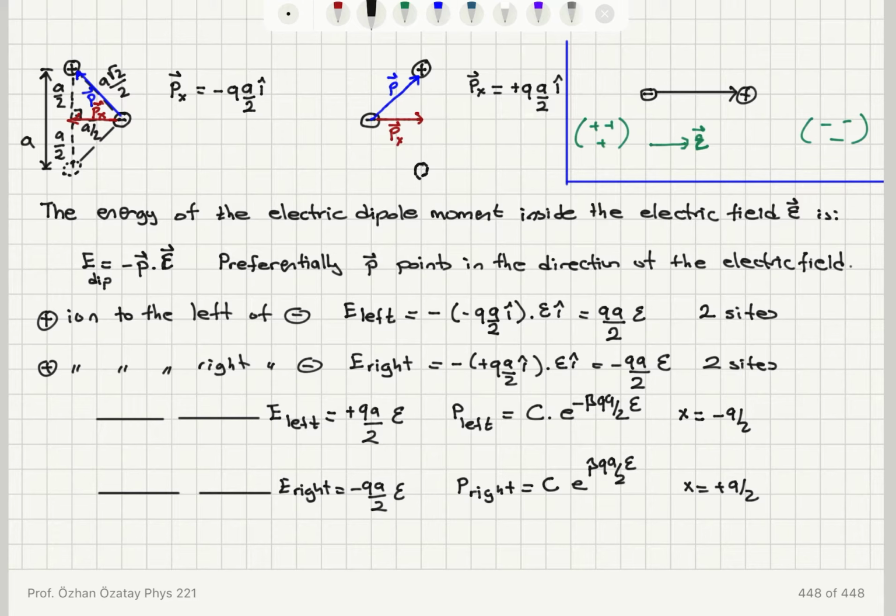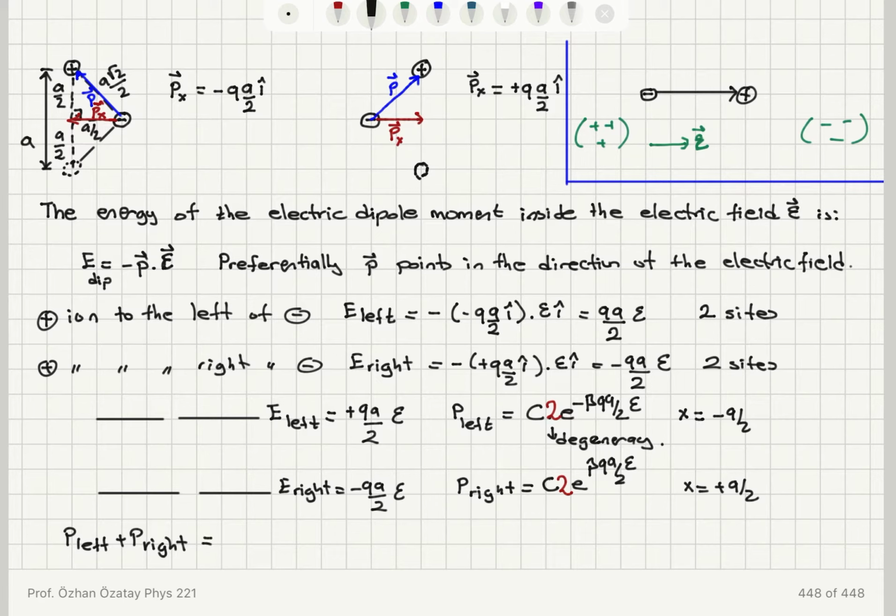Now these two probabilities, so it's either to the left or to the right. Normally I also have to put 2 here because I have a degeneracy of 2, but I can absorb that into the constant c and make it c prime. So p left plus p right, the probabilities, should add up to 1.